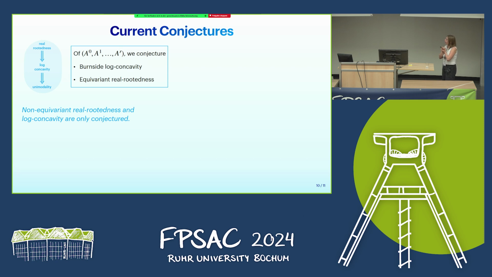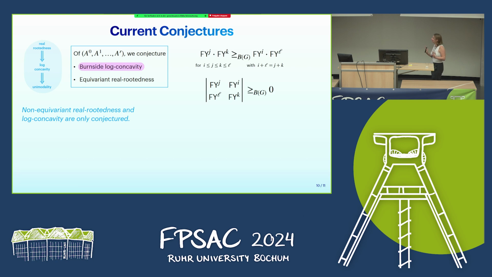We can formulate conjectures and provide some evidence towards them. We can say something about Burnside log concavity and equivariant real rootedness. Again, reminder, real rootedness and log concavity are only conjectured.